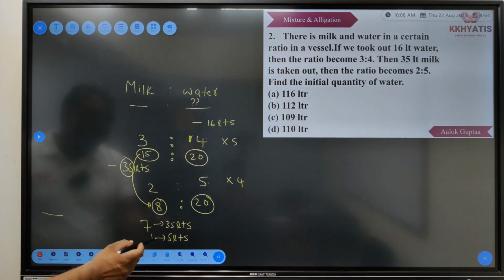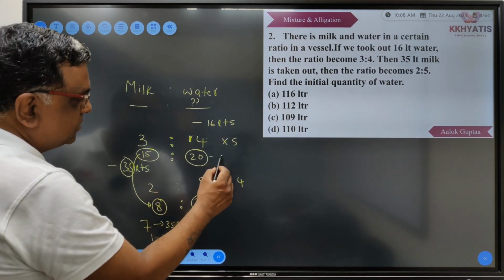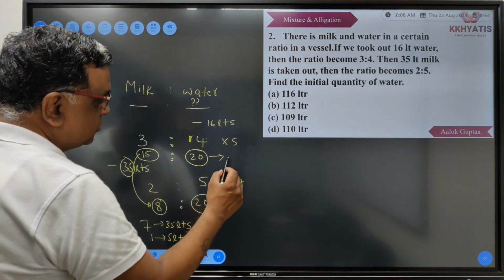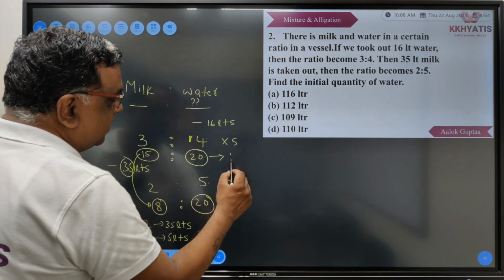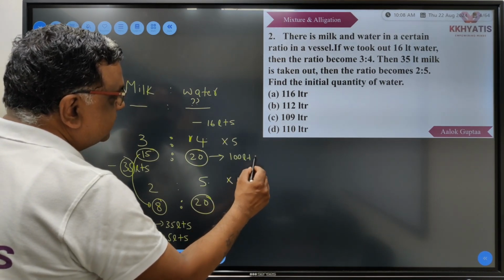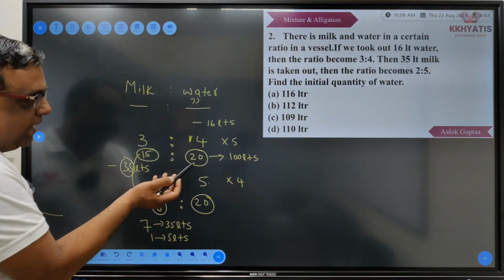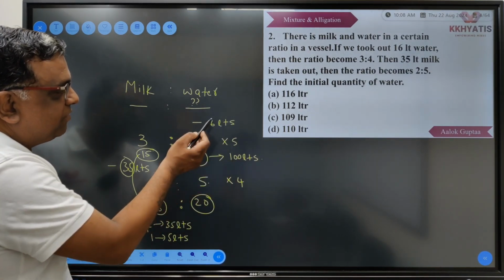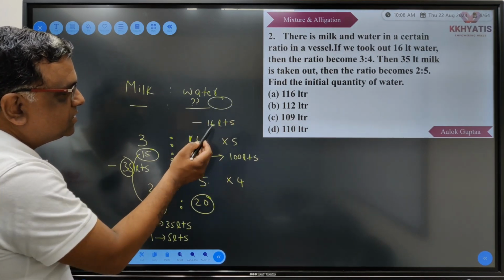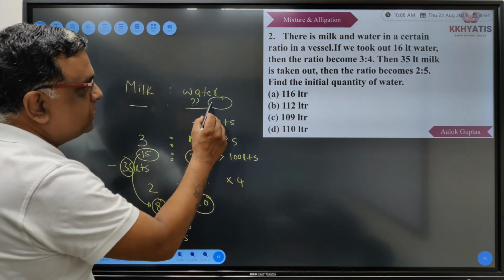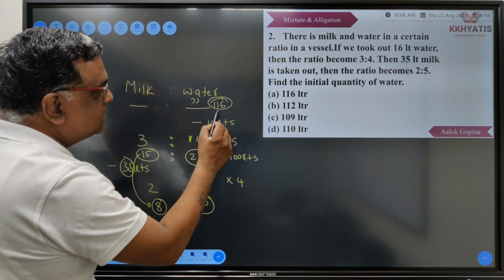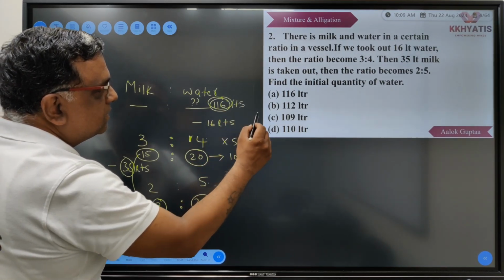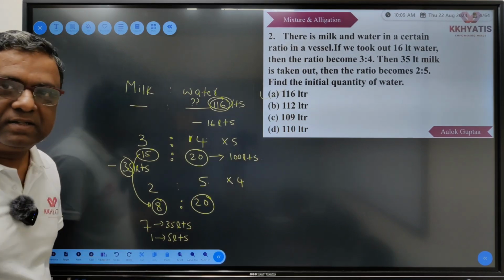Correct? So value of 1 is 5 liters, which means this 20 corresponds to 20 into 5, 100 liters. And if this is 100 liters, it became 100 liters after from initial quantity 16 liters was removed, which means originally water should have been 116 liters. So 116 liters is the answer.